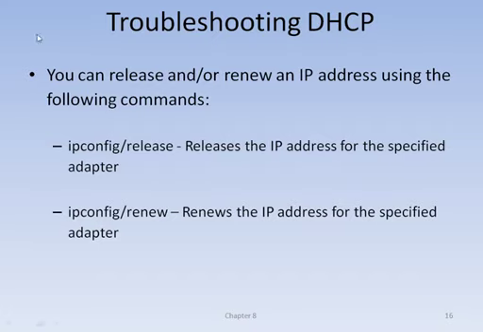Another command for troubleshooting, in case there is an IP conflict and you want to release the older IP and get a new IP, is at the CMD prompt: ipconfig /release to release the older IP, and ipconfig /renew to renew the IP address of the client machine from the DHCP server.